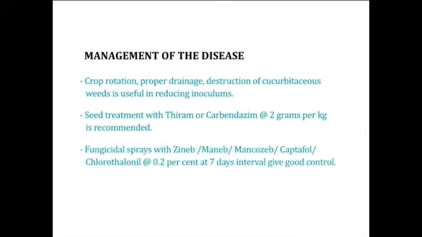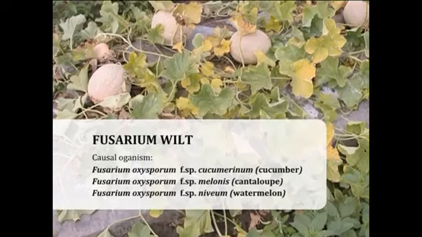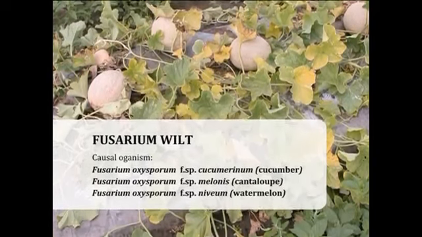Fungicidal sprays with Zineb or Maneb or Mancozeb or Captafol or chlorothalonil at the rate of 0.2% at 7 days interval give good control. Next important disease is the Fusarium wilt.